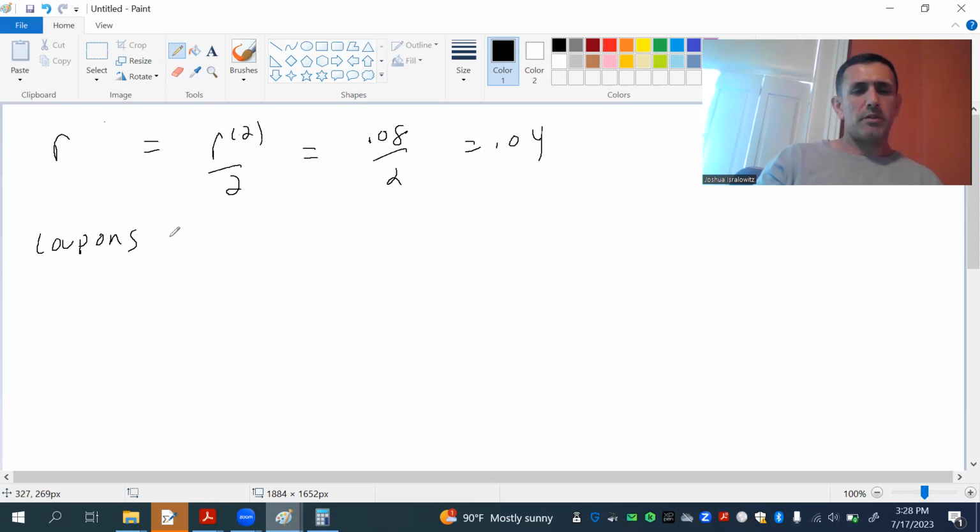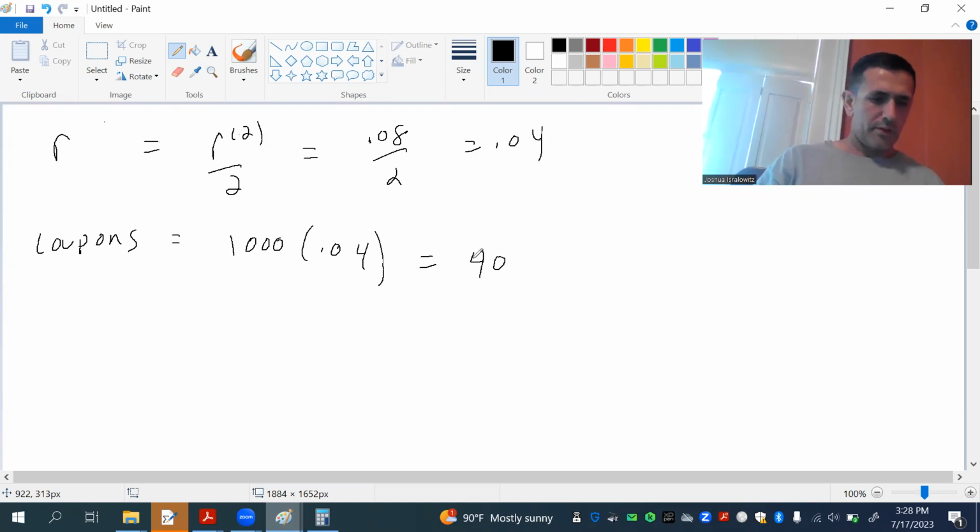So remember, the problem states the face value is $1,000, and the actual 6-month coupon rate is 4%. So yeah, your coupons are going to be $40.